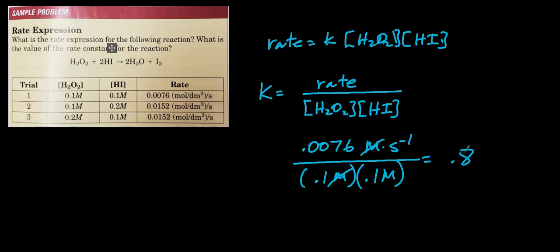What are the units? Well, this seconds, it's a per second, right? It's really on the bottom, and so is this molar. So we end up with this unit, per molar second, 0.8 per molar second, which is the same thing as 1 over molar times second. So either way is fine. 0.8 per molar second.